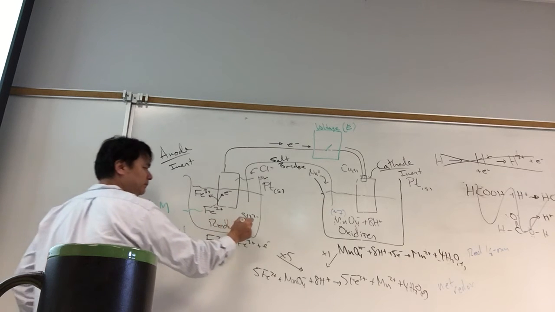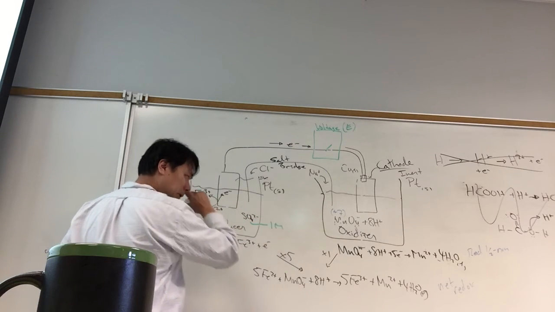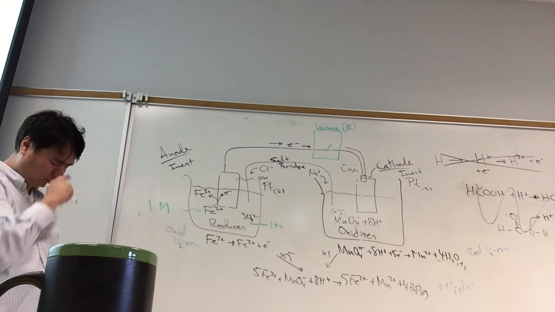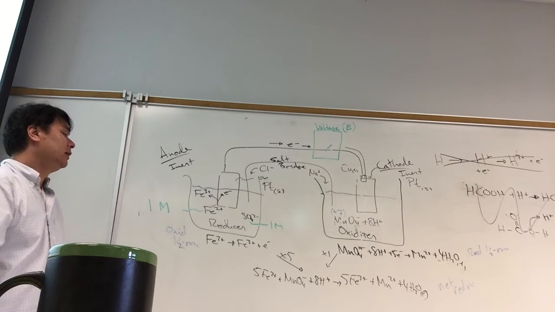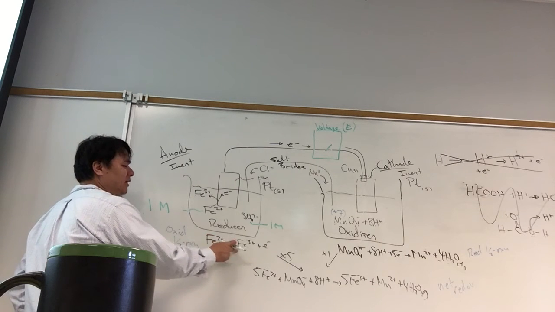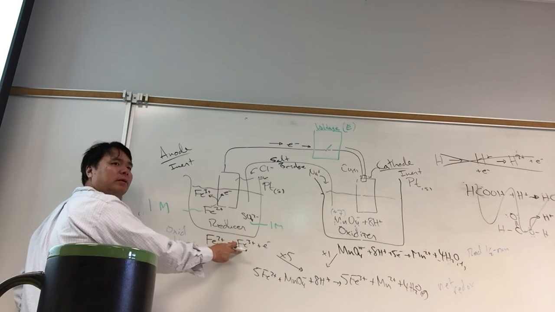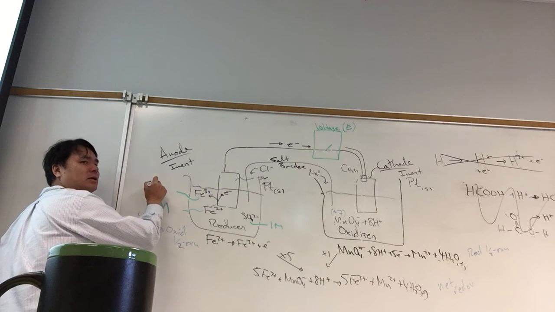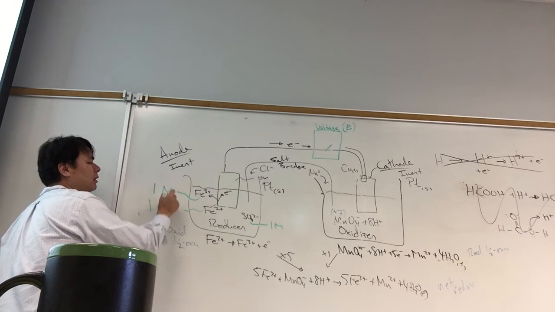The SO4? It's going to be 1 molar. But there's something else that has to be 1 molar. It's weird because what are we making here? We're making iron 3 plus. But to do this under standard conditions, the iron 3 plus also has to be at 1 molar.